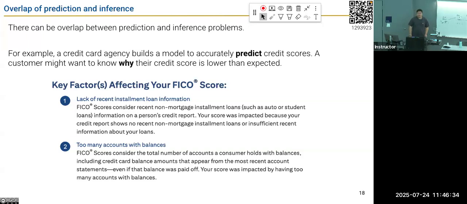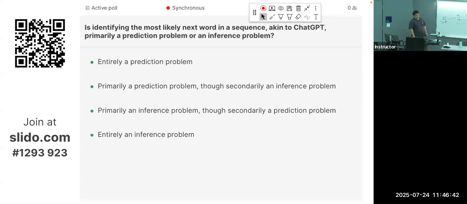And now with the technology of AI and large language models, we want to understand how these things behave. So here is the question to you. Identifying the most likely next word in a sequence is pretty much how most large language models communicate with you.